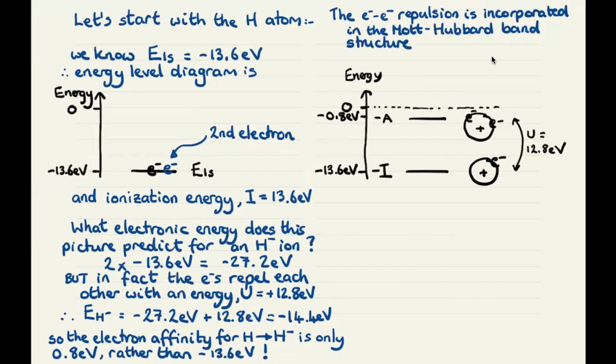And then the lower energy level, which is at energy minus I, is the energy of a singly occupied orbital.